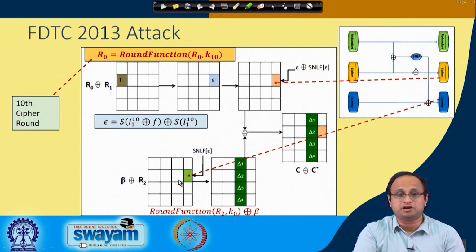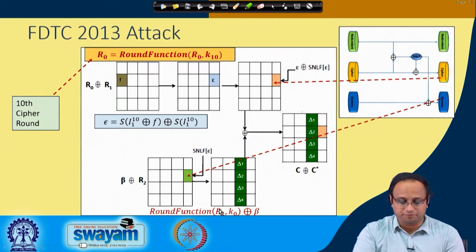Now if you look at the dummy round infection, this SNLF epsilon also affects the dummy round, and you note that the dummy round was initialized at some beta value. Suppose you have beta 0, beta 1 and so on. Because of this infection in the dummy round, as shown by this equation, you apply the round function on R2 comma K0 and XOR with beta.